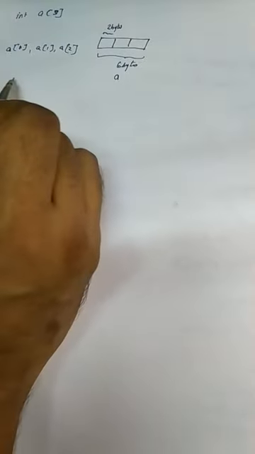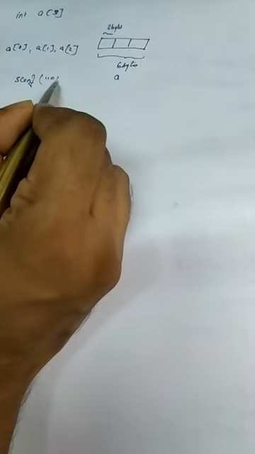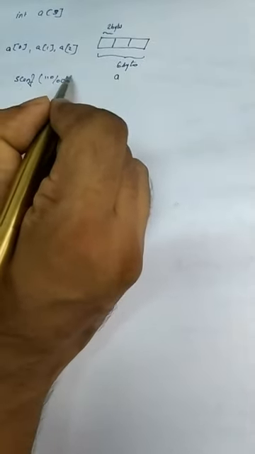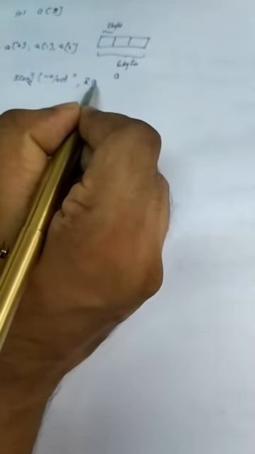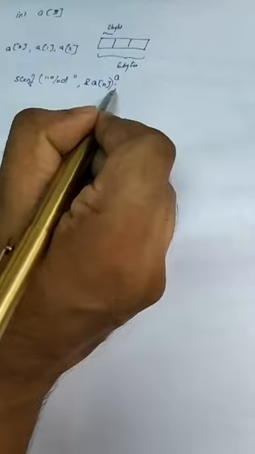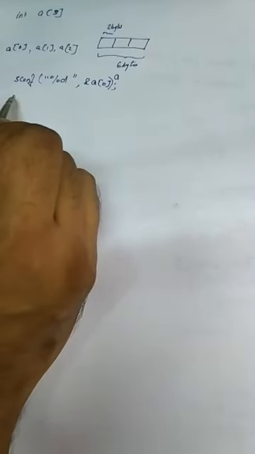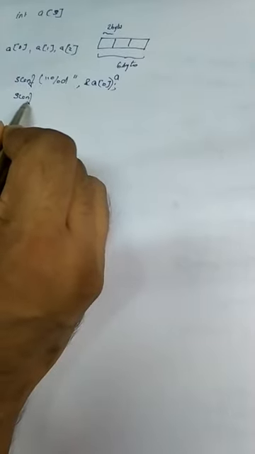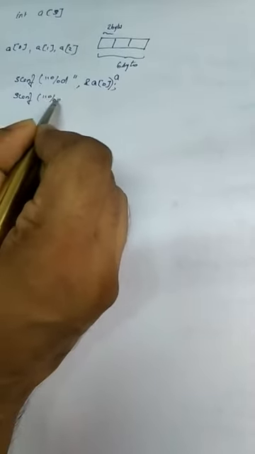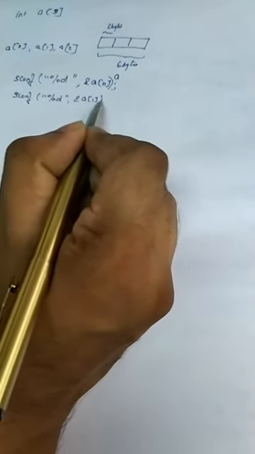writing is scanf. Since it is an integer, I will be writing %d, and I will be writing address of a of 0. Likewise, to store the element in the second position, I will be writing scanf %d address of a of 1.